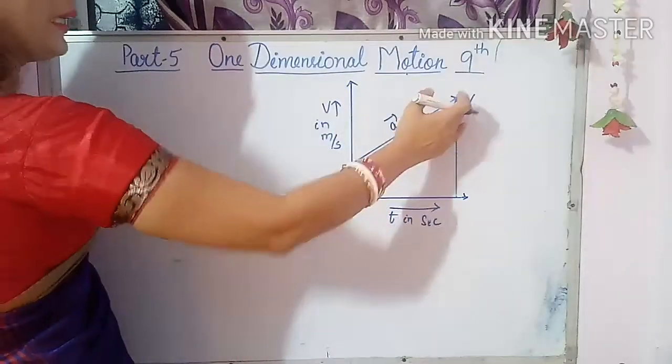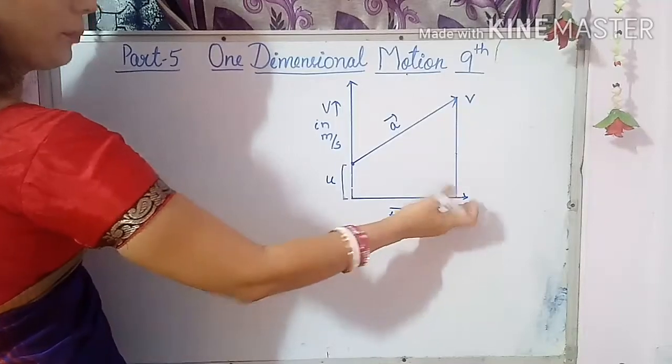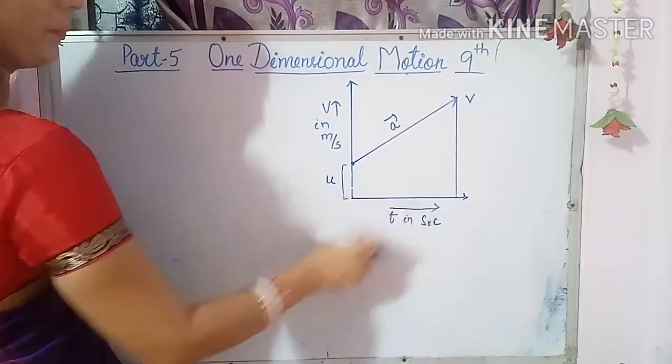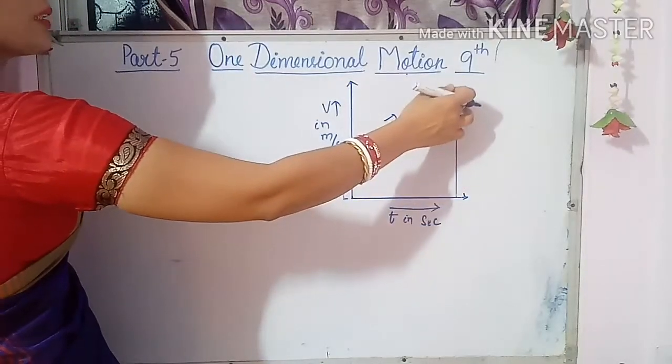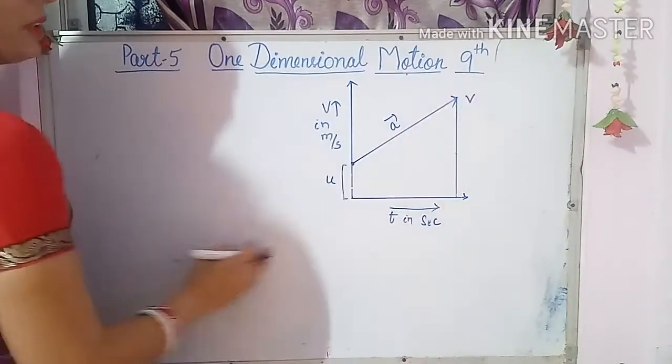And here it is the time, total time from here to here. Now in this time interval, let that body attain the velocity V, that is the final velocity V.